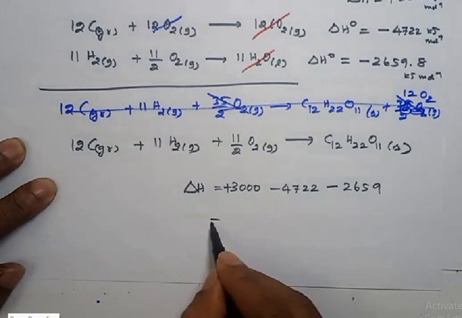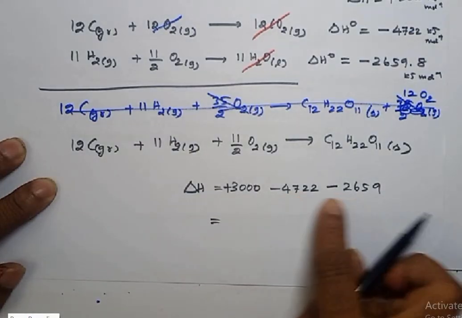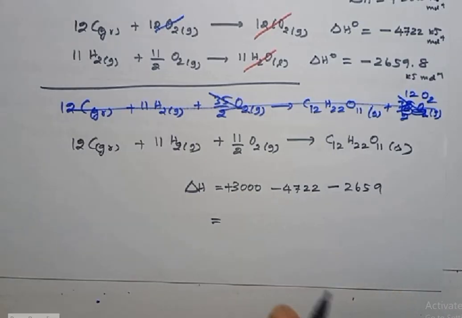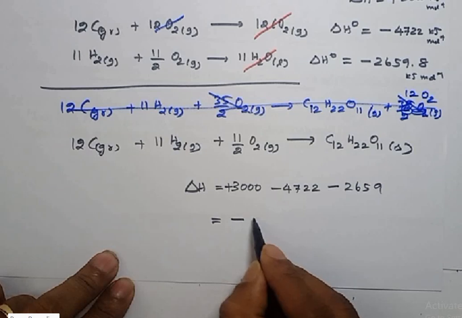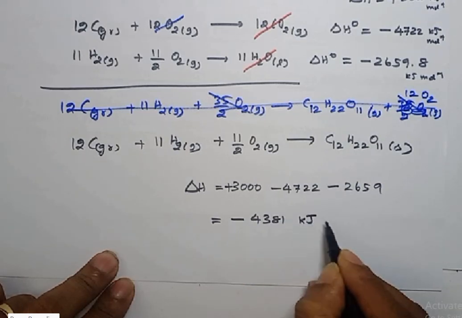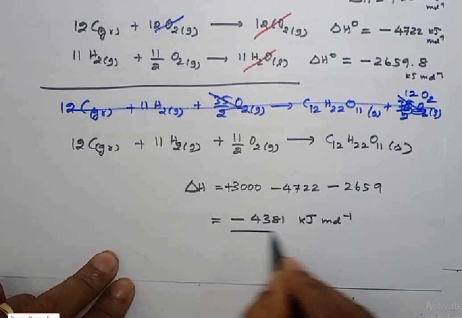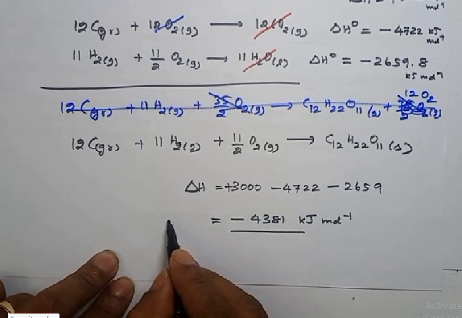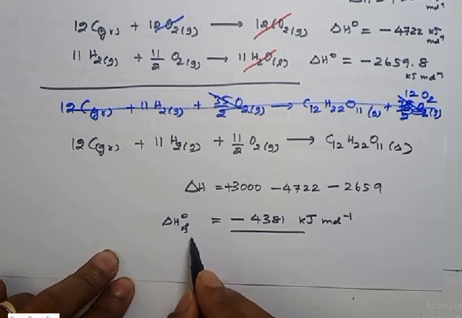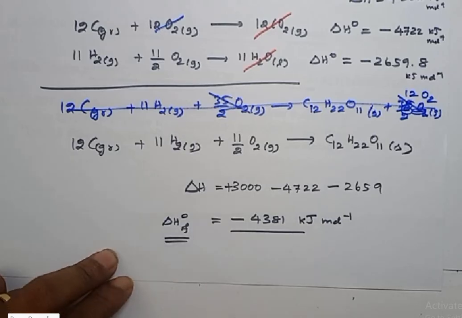You have to add everything. These two are the same sign, so I will add these two, then subtract this one. Yes, it gives me the value of minus 4381 kilojoule per mole. This is nothing but the standard enthalpy of formation of sucrose.